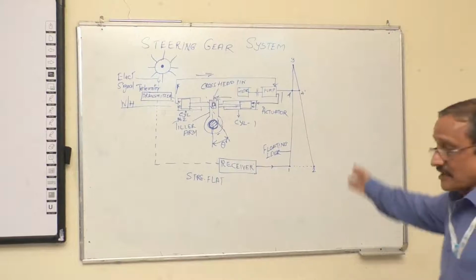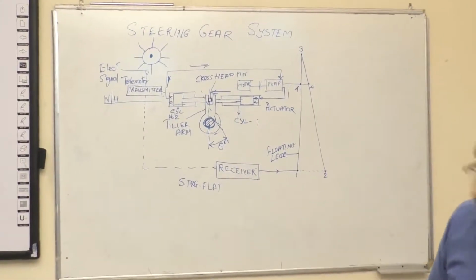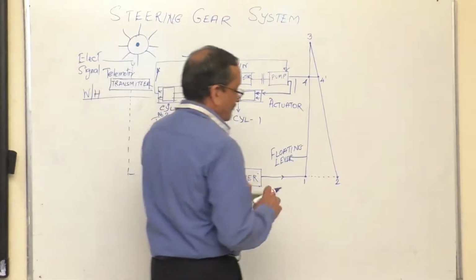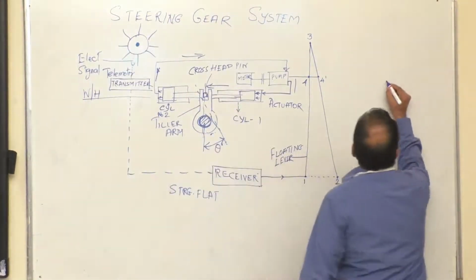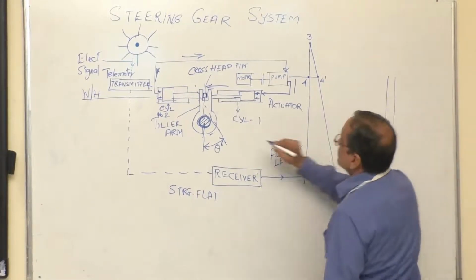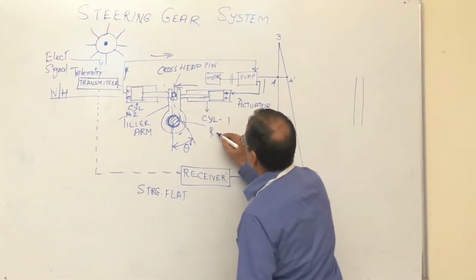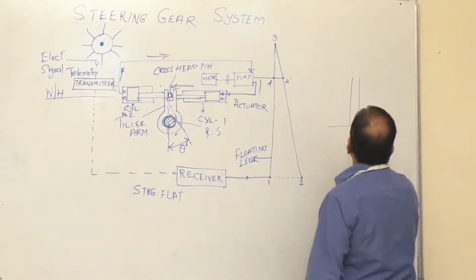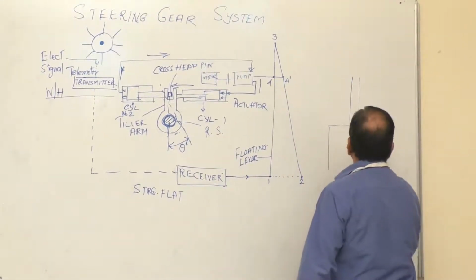So we have this kind of an arrangement by which your rudder is turning. Now here, if I go a little more in detail as to how the rudder is getting connected, this is the rudder stock. This portion is your rudder stock. So your rudder stock is connected to the rudder over here.